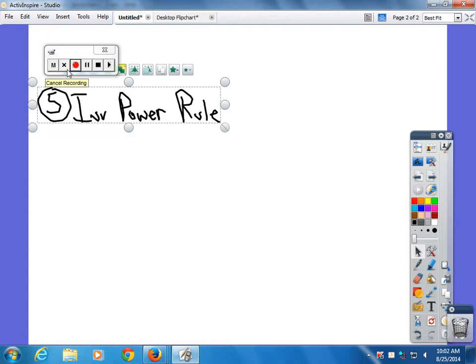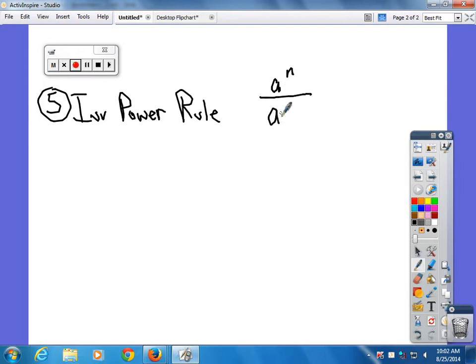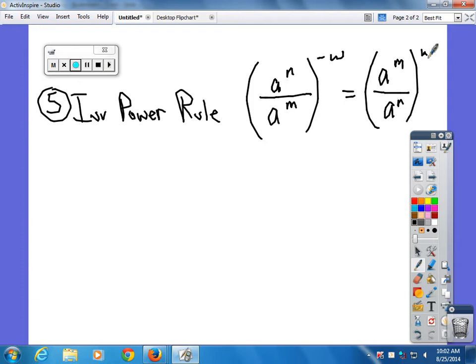And the inverse power rule basically says if you have a to the n over a to the m raised to the negative w power, you don't focus on these guys. You focus on this guy because it's a negative exponent. So if you flip what's on the inside of the parentheses, you can change that to this.